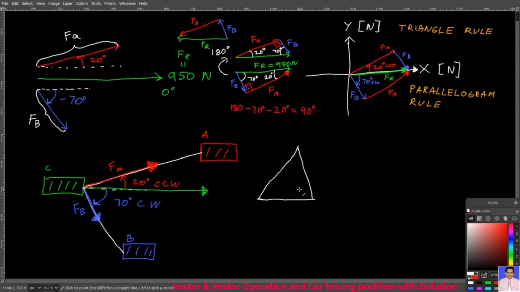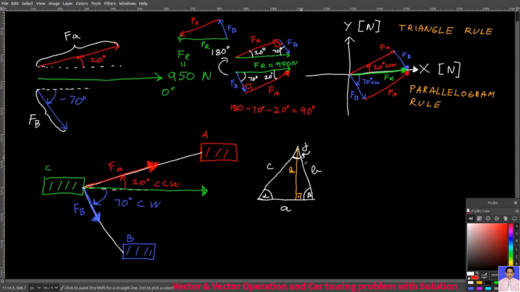Let's again draw a random triangle with different sides, A, B, and C. Let's also draw H here, which is perpendicular to A. And let's say that you have an angle alpha here, then here you have beta, and then this angle here, that's gamma.